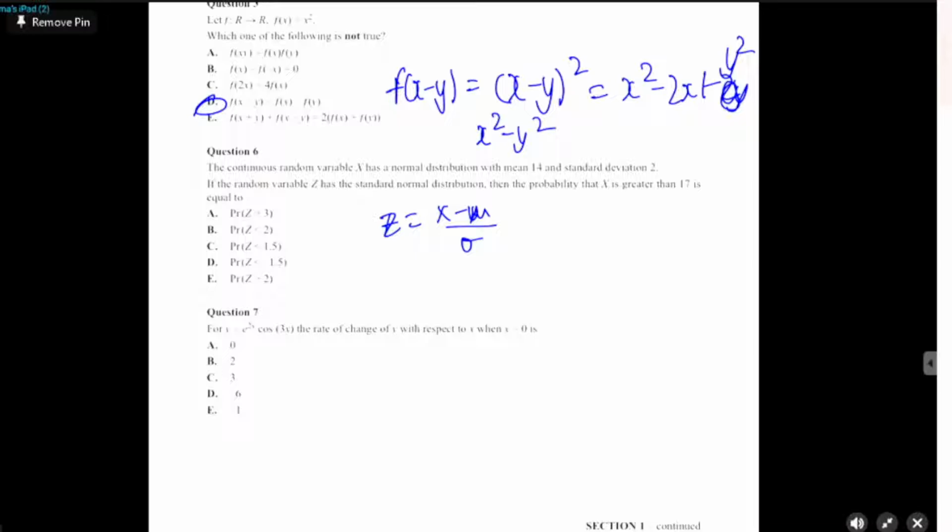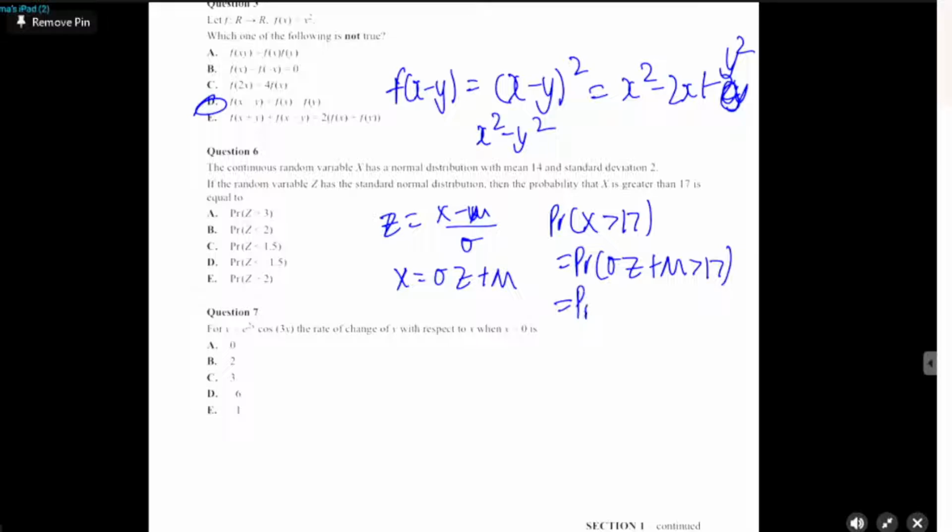So then rearranging this, you get x equals standard deviation z plus mean. So probability x is greater than 17 is equal to probability standard deviation z plus mu is greater than 17, which equals probability 2z plus 14 is greater than 17, which will equal probability z is greater than 3 on 2.